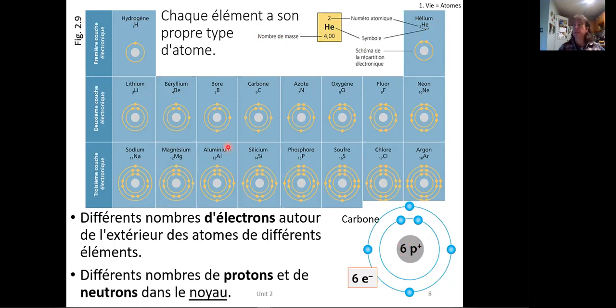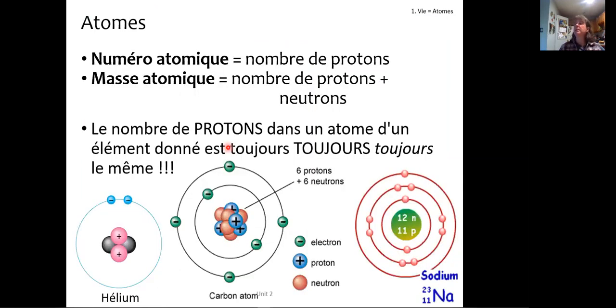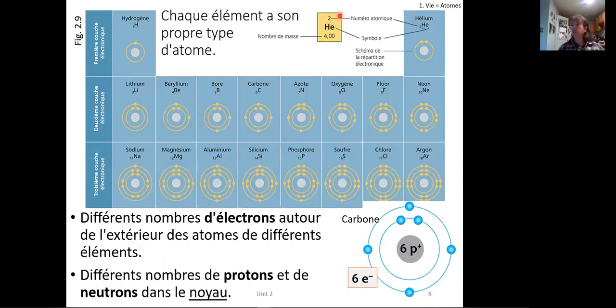And the mass, on the next slide, is the number of protons plus the number of neutrons. So look at helium. 2 protons plus 2 neutrons. What's the mass? So add 2 plus 2 equals 4. And here on this first slide, the number of the mass is 4.